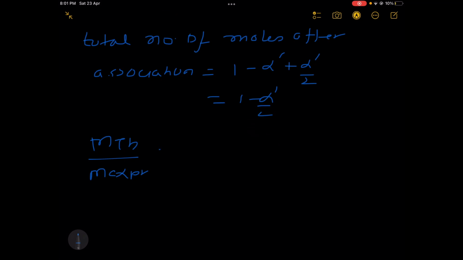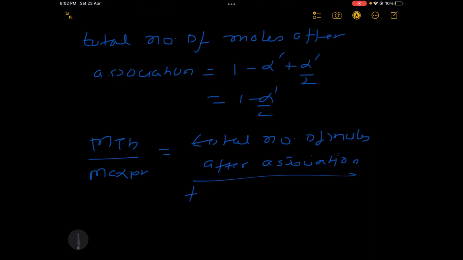So molecular weight theoretical by molecular weight experimental is equal to total number of moles after association by total number of moles before association.